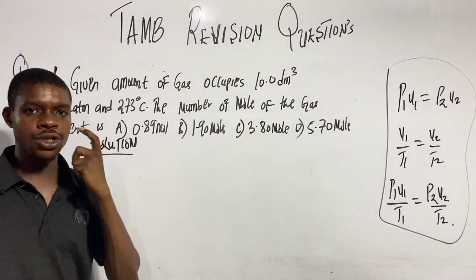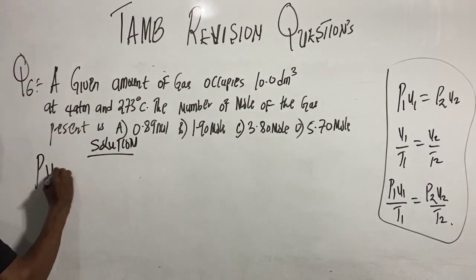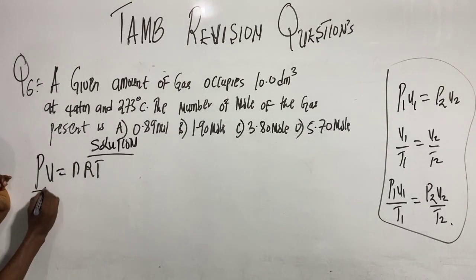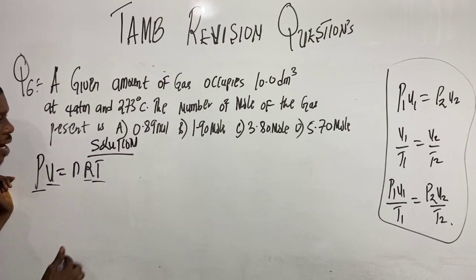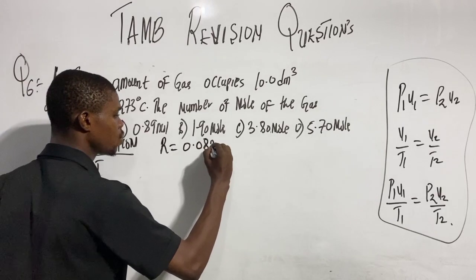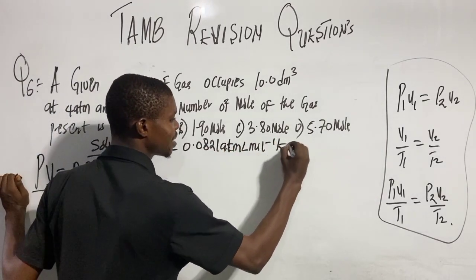The ideal gas equation is PV equals nRT, where P means pressure, V volume, T temperature, and R is the gas constant, which should be given in the question: 0.0821 atm liter per mole per Kelvin.